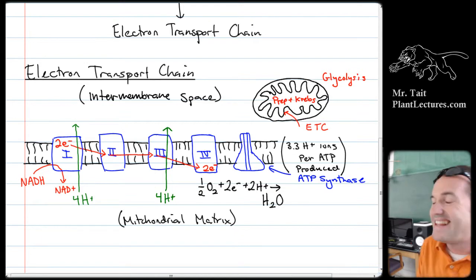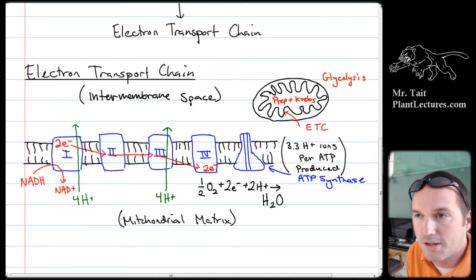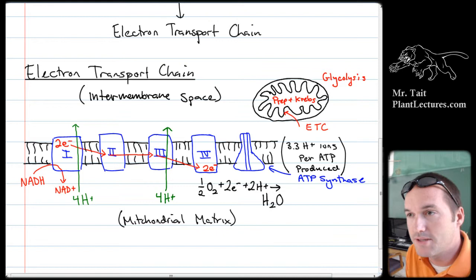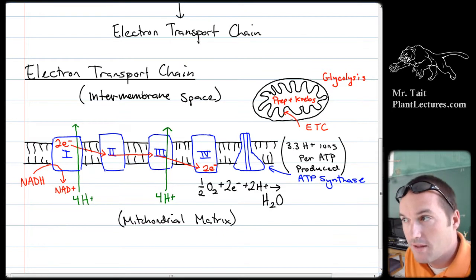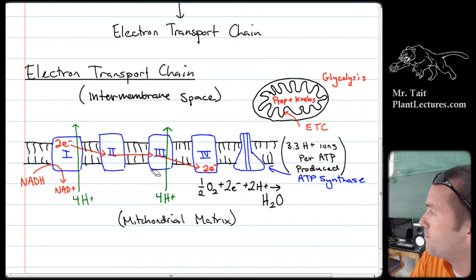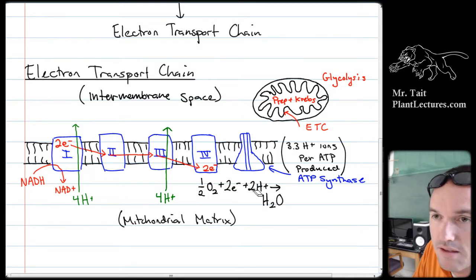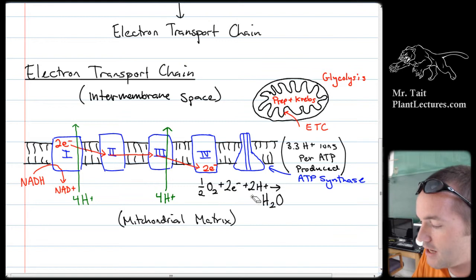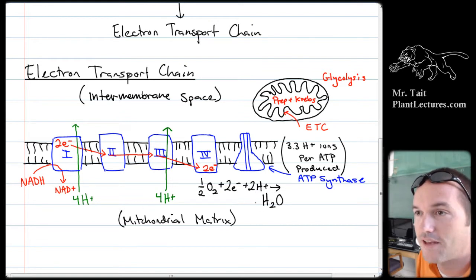Now, this in itself does not pump H+ ions, but it does contribute to the H+ ion gradient, right? And you can see that because even though you're not pumping H+ ions here, this is removing H+ ions from that space. You're taking H+ ions away from the mitochondrial matrix. There's H+ ions everywhere.